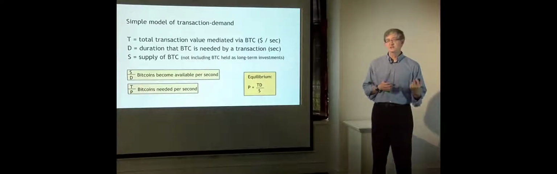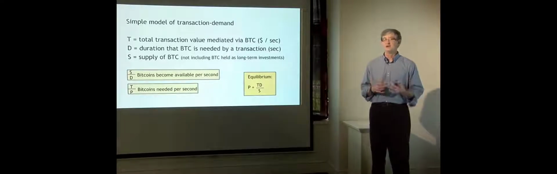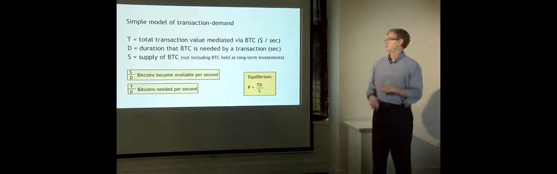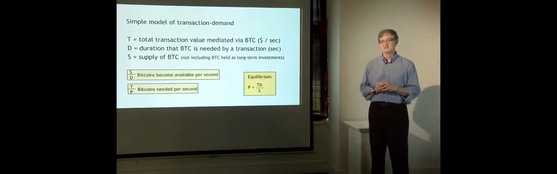And it's possible to do economic modeling and get some idea of how supply and demand interact in this market and predict what the market might do, as long as you understand unknowable things like how much people are going to want to use Bitcoin to mediate transactions in the future. That kind of economic modeling is important to do and very informative, and I'm sure that there are people who are doing it in some detail today. But a detailed economic model of this market is beyond the scope of this course.